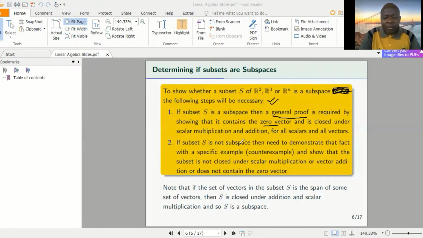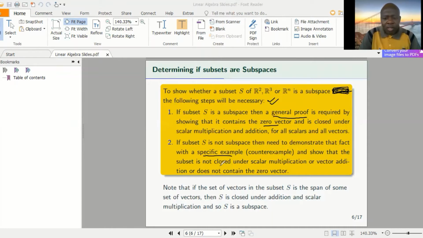And if it's not a subspace, then you need to demonstrate this by picking a specific example, which we call a counterexample. And then show that this subset will not be closed under addition or is not closed under scalar multiplication, or does not contain the zero vector.